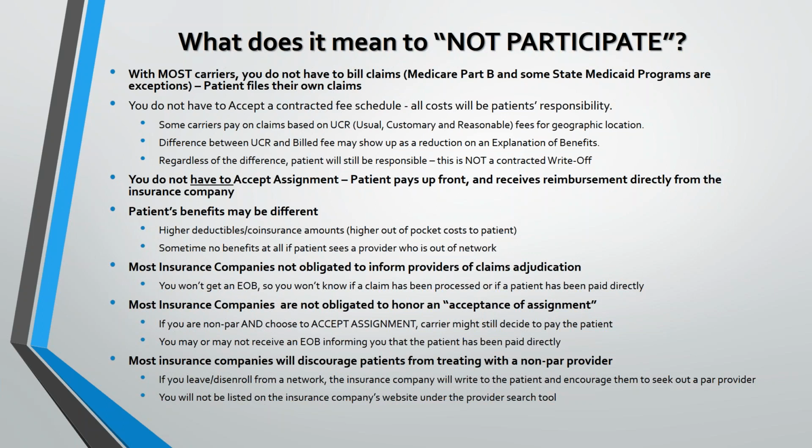If you decide to be out of network, and you go the route of accepting assignment and billing for the patient as an out-of-network provider, make sure that that insurance company will indeed pay you directly and not pay the patient, and that you will receive notification of that payment.